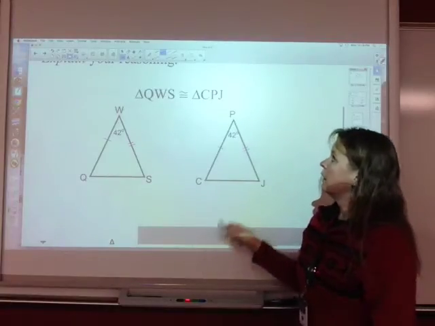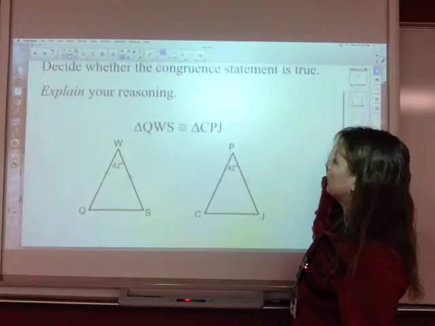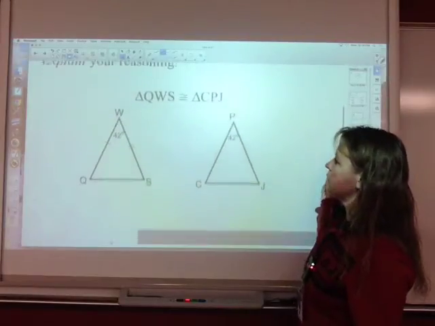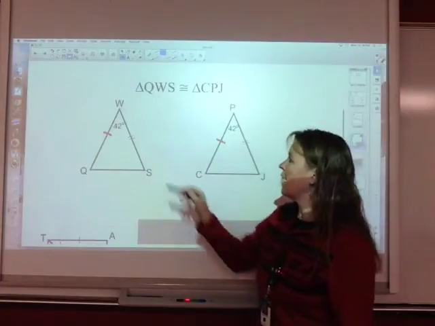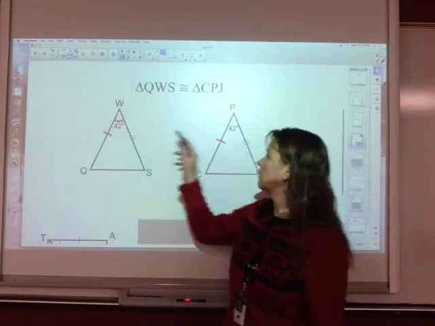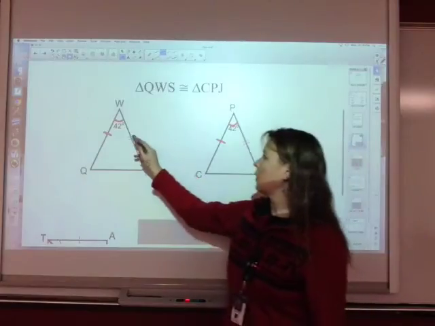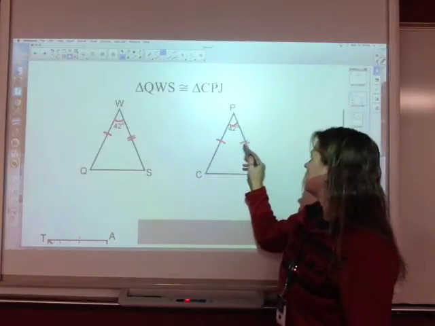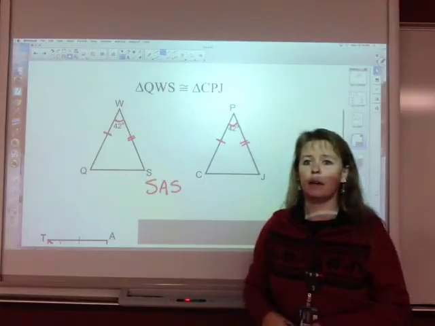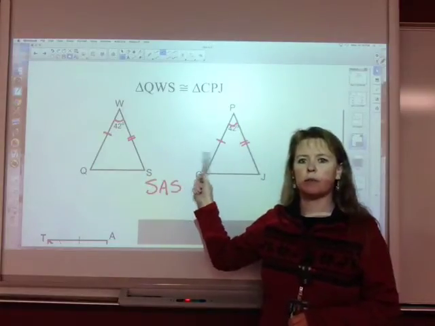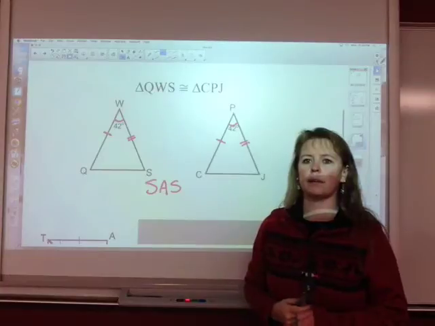And now that you're back, it said explain your reasoning if they are congruent. We have a side. We have an angle. And we have another side. So we are going to try to explain it by side angle side. However, it only gave us the markings of the two sides. It did not give us a congruent angle.